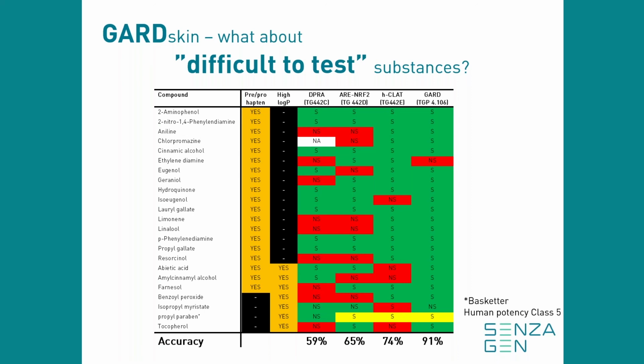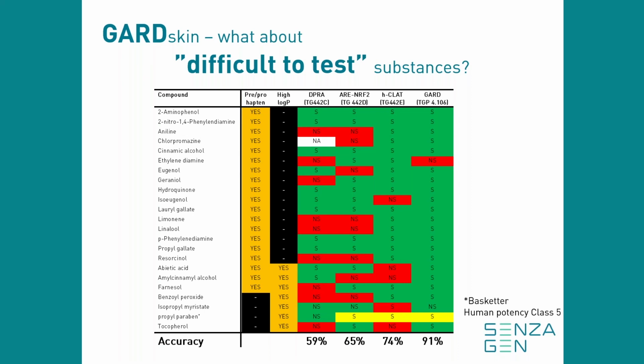But what you can see generally, and that holds true both for the h-CLAT assay and the GARD assay, is that pre- and prohaptens are in general not an issue for these dendritic cell based assays. And if we look at those compounds with a high log P value, they seem to work quite well also in the GARD assay.